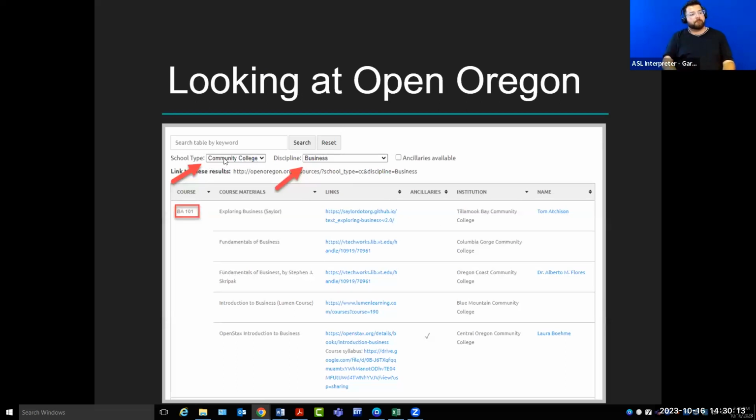So you can search by community college, and then you can put the discipline, and then you can just kind of scroll through. And they do have different types of sources, not only textbooks.